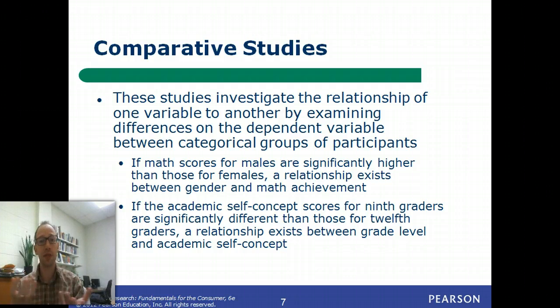Is there a difference in how males and how females do? Now, it's very important that it's not necessarily the gender that's causing the outcome. We're not saying that participation in one group is the reason why the outcome is significantly different. We're just looking for, is there even a significant difference?